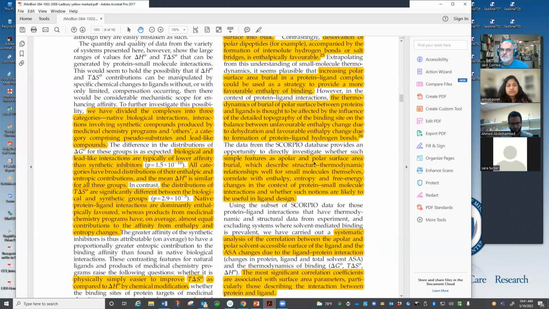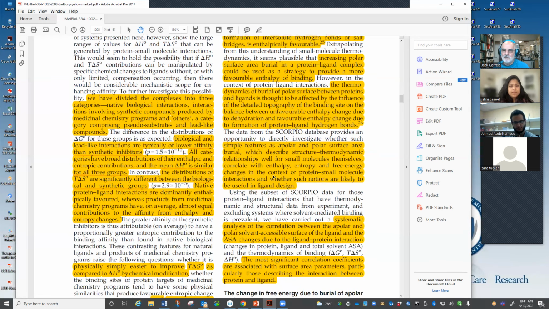If we make polar changes, what are we mostly going to affect? Enthalpies. If you make apolar surface, what are we mostly going to affect? Entropy. Okay, and so that's what they're basically asking. And this is sort of a question at this point, but I'm jumping ahead.